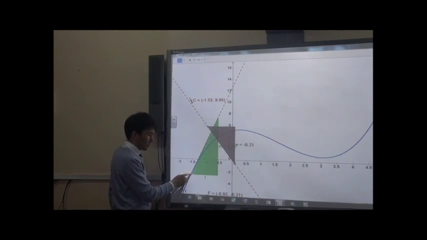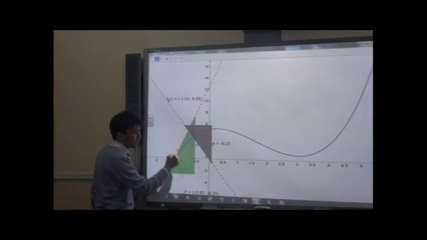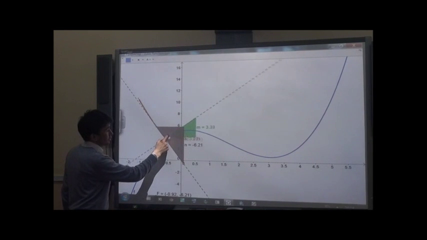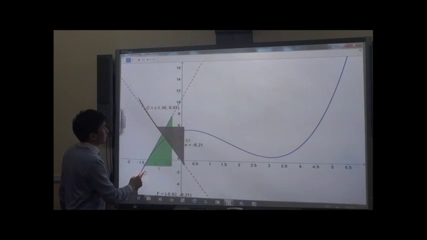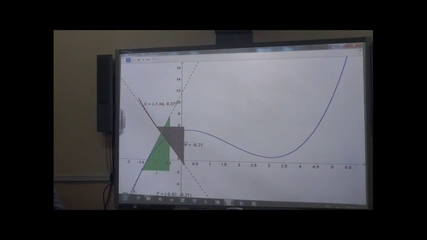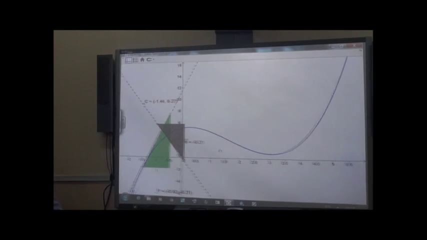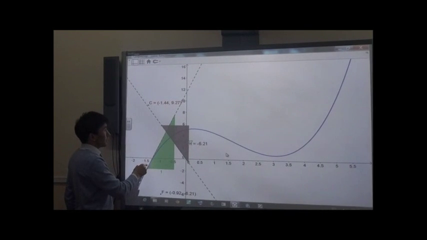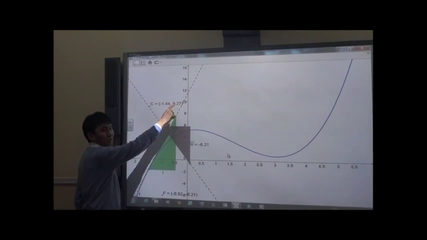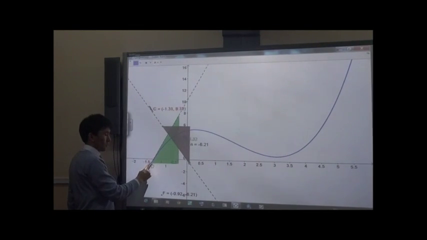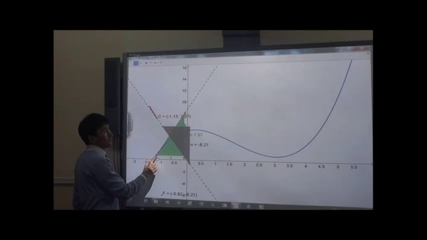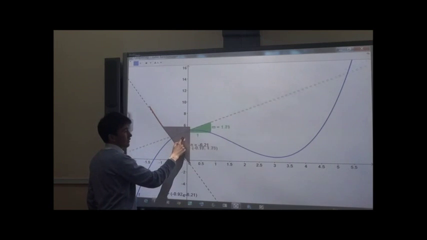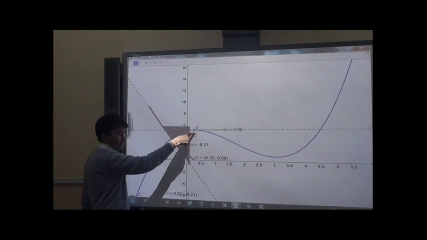The slope of this tangent line is 9.27. As I move the point, the slope is decreasing: 7, 6, 5, 4, 3. And at the top, the slope is equal to 0.